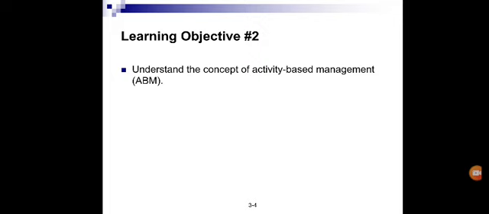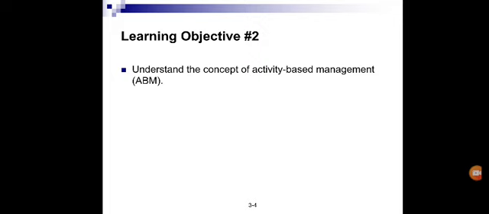Okay, that is the costing system. This is some additional knowledge for you. Understand the concept of activity-based management. So ABC is a costing system. It is related to how to calculate cost. But activity-based management is a bigger thing.